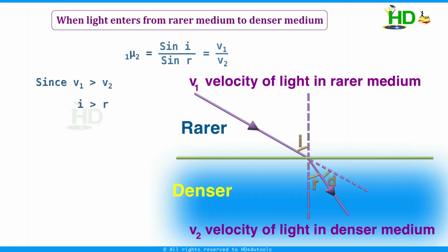Therefore, we can conclude that when light travels from a rarer medium to a denser medium, it bends towards the normal. In this case, the angle of deviation d equals i minus r. In this figure, this is the original path of the ray, this is the refracted ray, and the angle between the original and refracted ray is called the angle of deviation.